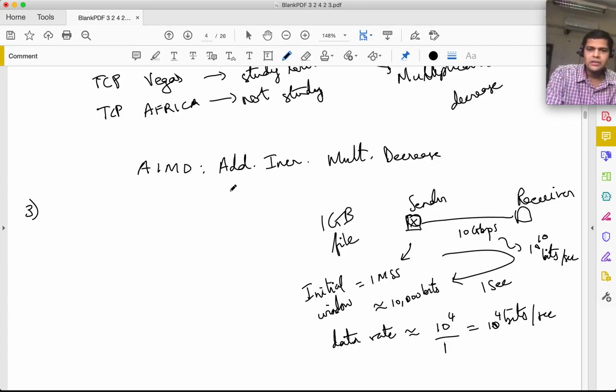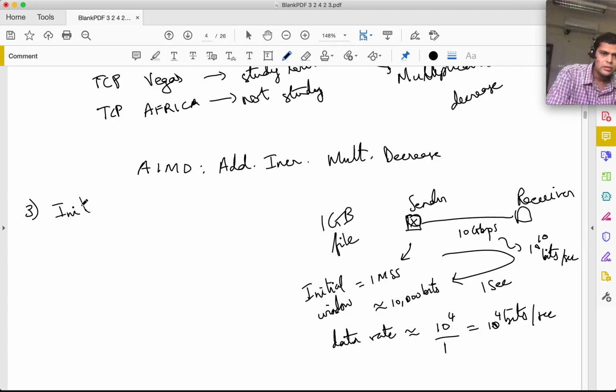So additive increase in the beginning is not good. So you have to start with a low window size because you don't know what this is initially. You don't know who the receiver is, you don't know much about the path when you start up. So initially you always want to have a low window size. Okay, but additive increase is too slow in some situations, so we want to be more aggressive.